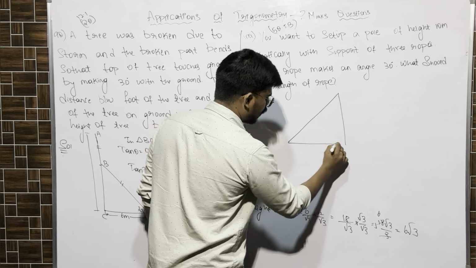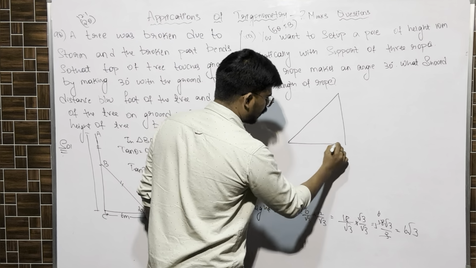The height of the pole is 10 meter, and each rope makes an angle of 30 degrees. On the board we cannot draw 3 ropes, but we draw one straight line at 30 degrees, and 3 ropes are tied to the pole with an angle of elevation of 30 degrees.